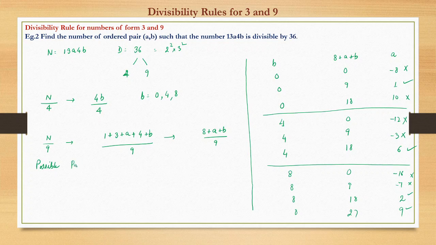Possible pairs of A comma B: from here we get 1 comma 0, then here we get 6 comma 4, then from here we get 2 comma 8 and 9 comma 8.